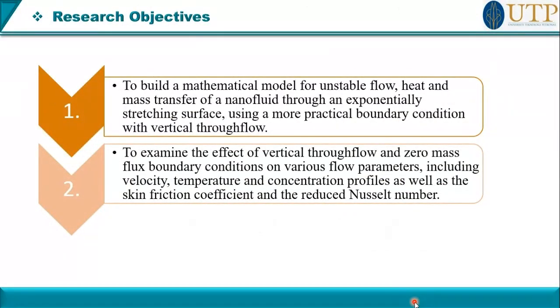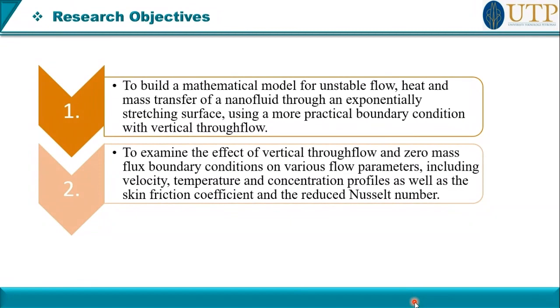Research objectives. Number one, to develop a mathematical model for unsteady flow, heat and mass transfer of nanofluid through an exponentially stretching surface based on a more realistic boundary condition of vertical through flow.